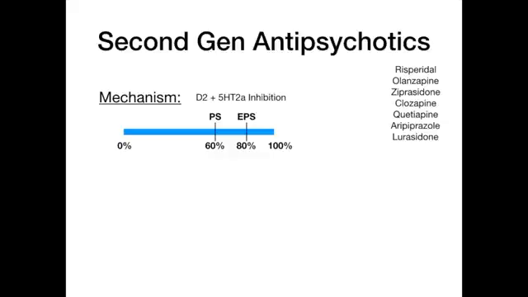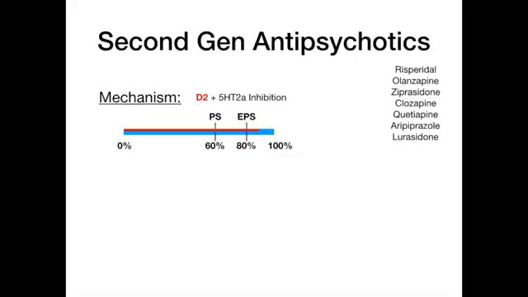So normally, if you just block dopamine 2 receptors, like in the case of a first-generation antipsychotic, you would have over 80% receptor occupancy, and therefore the person would have their hallucinations and delusions be gone, because you passed 60%, but they would also have EPS because you passed 80%. And we don't want patients to get extrapyramidal symptoms. So because we're also inhibiting the 5-HT2A receptor, that leads to a little bit of increased levels of dopamine, but just a little bit.